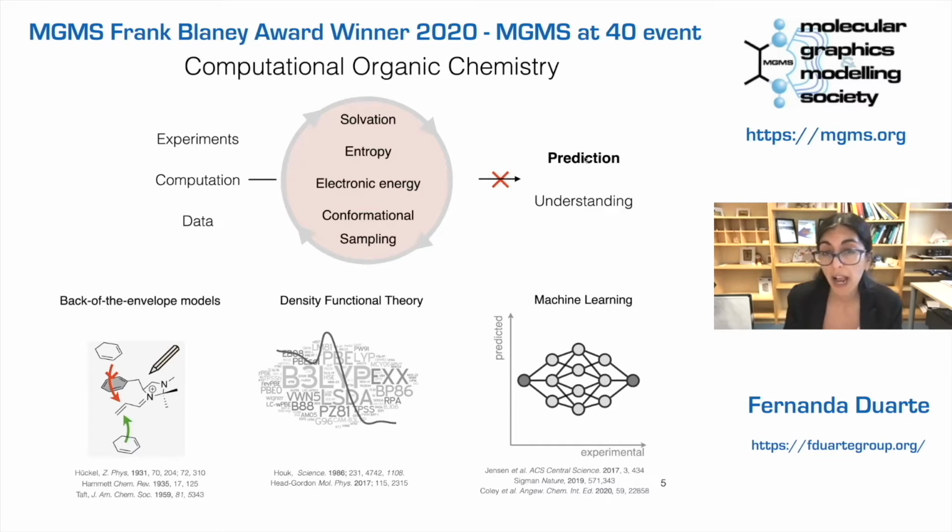So for example, how we describe properly solvation, entropy, even electronic energy now is becoming much easier to obtain, high quality electronic structure data, but then we lack conformational sampling. So we still have many challenges to face to be able to say that we can certainly make predictions of new chemical reactions and new compounds.